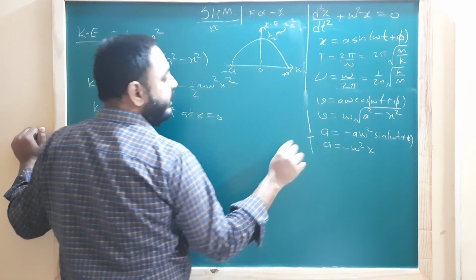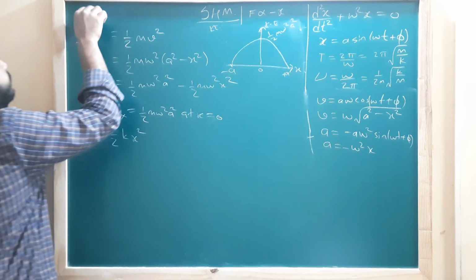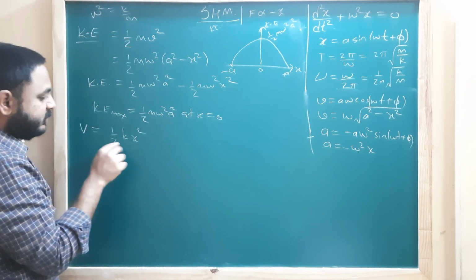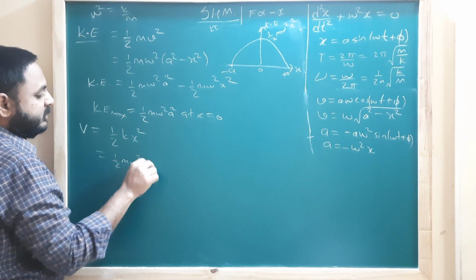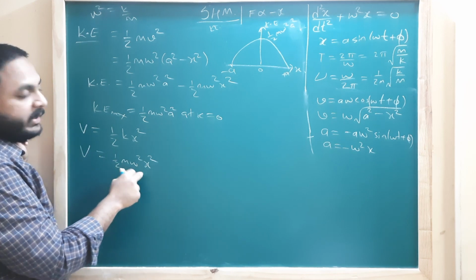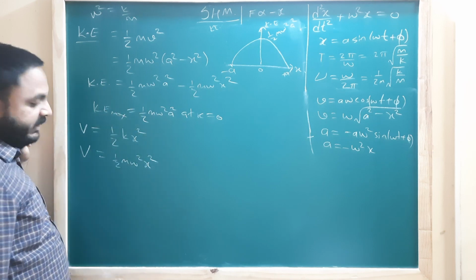So if you remember, omega squared was k upon m, so k will be m omega squared. So I'll just substitute that there. Then we'll get half m omega squared x squared. Potential energy will be half m omega squared x squared. This is the value of potential energy. This is the value of kinetic energy.